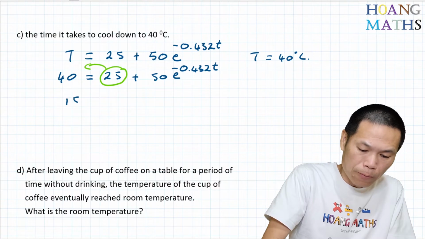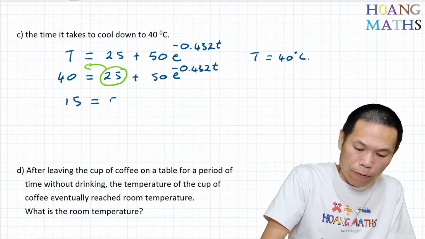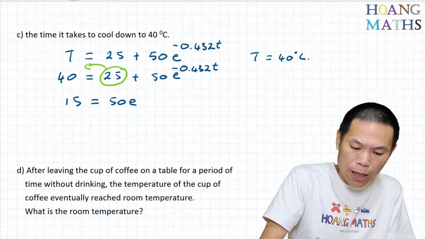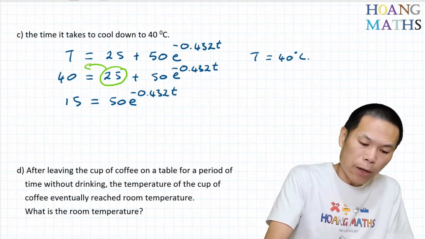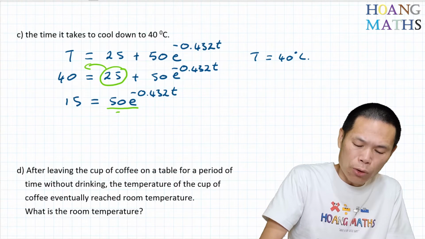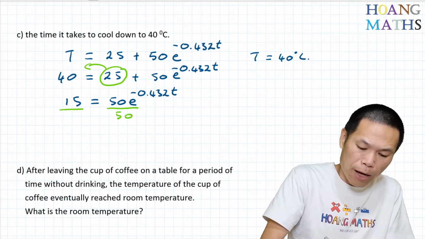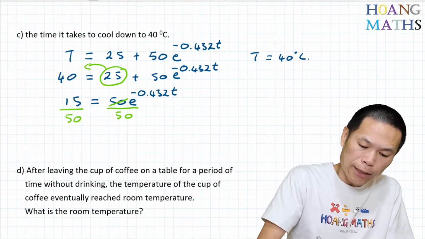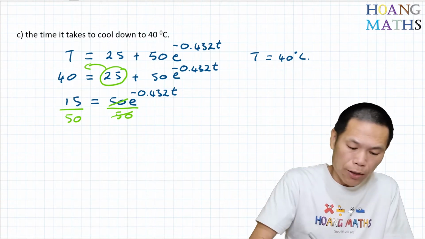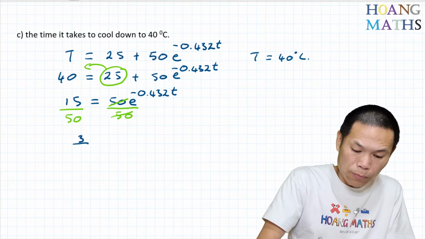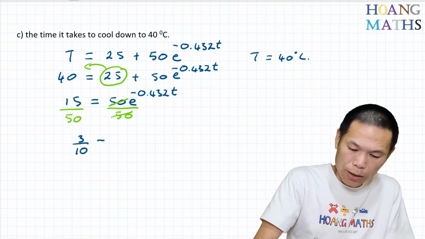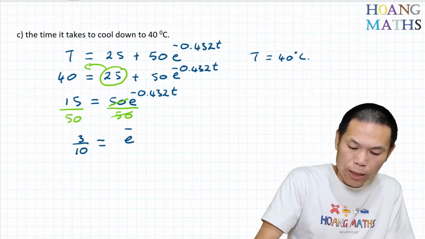So 15 is equal to 50 e to the negative 0.432t. Then I divide by 50 on both sides. So I can simplify this by dividing both by 5. So that gives me 3 over 10 is equal to e to the negative 0.432t.